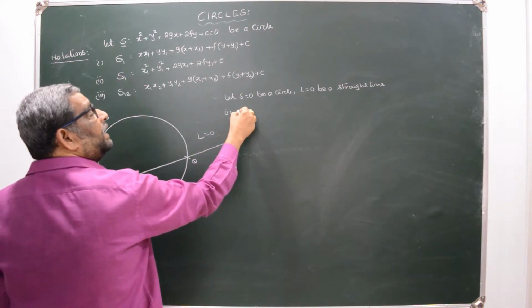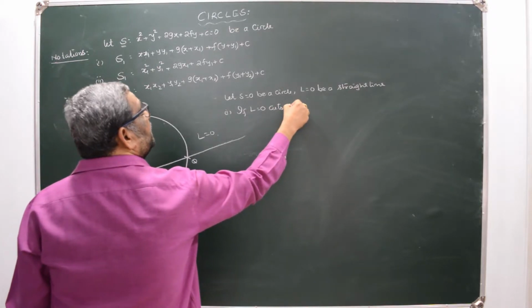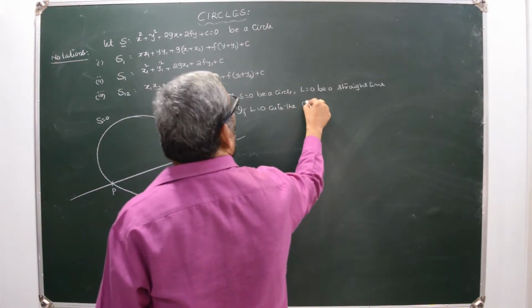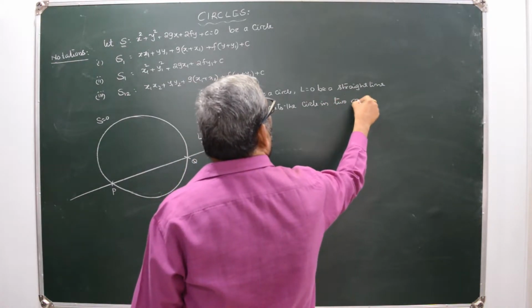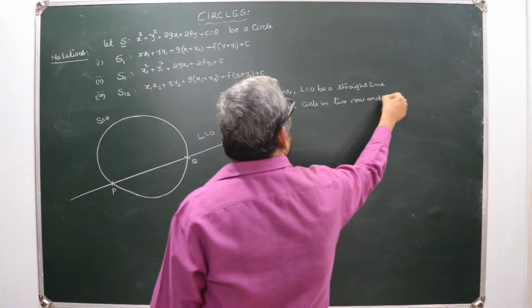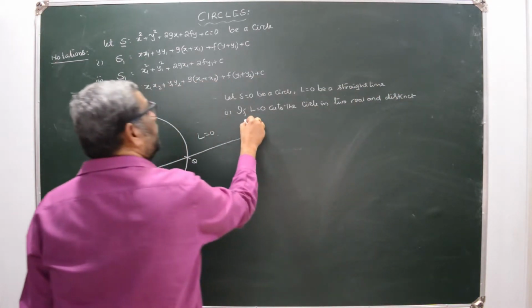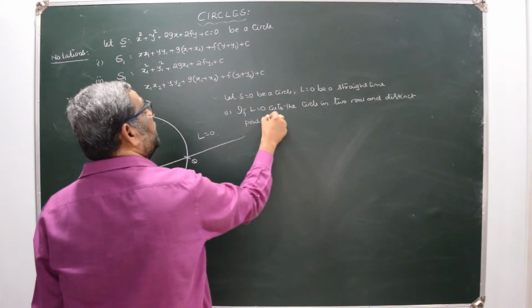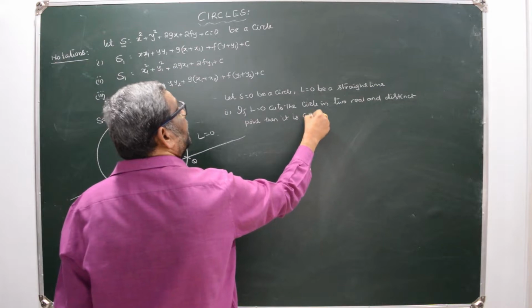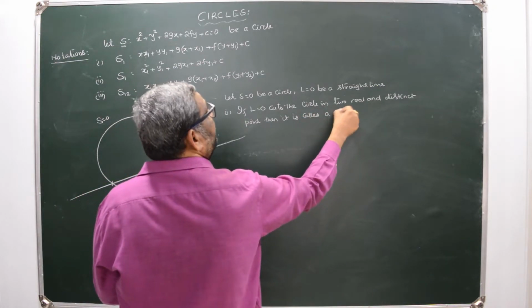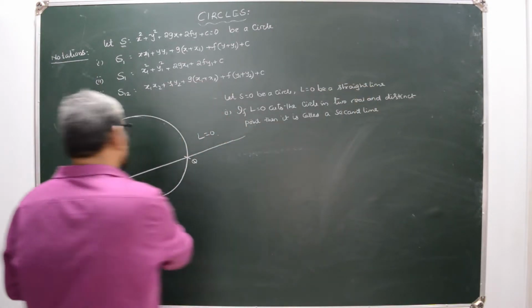Now, if L is equal to 0 cuts the circle into real and distinct points, then it is called a secant line. So this is a secant.